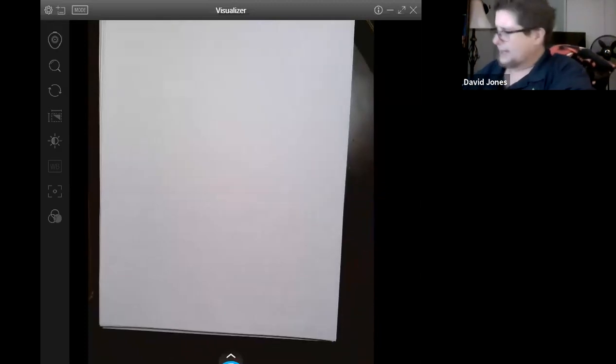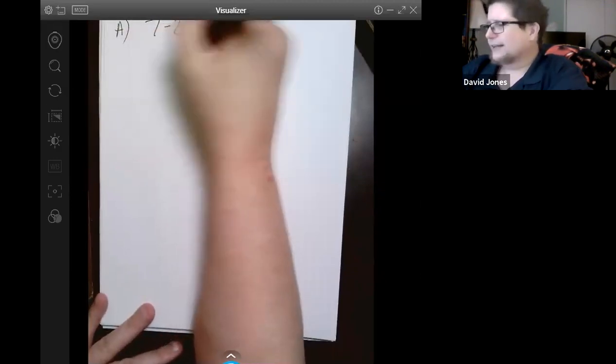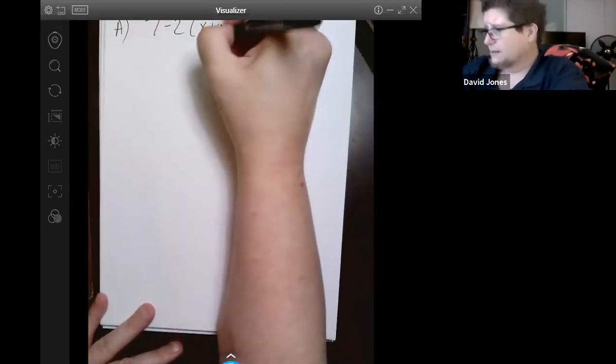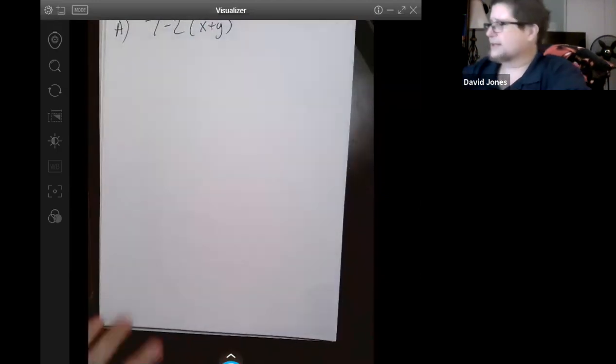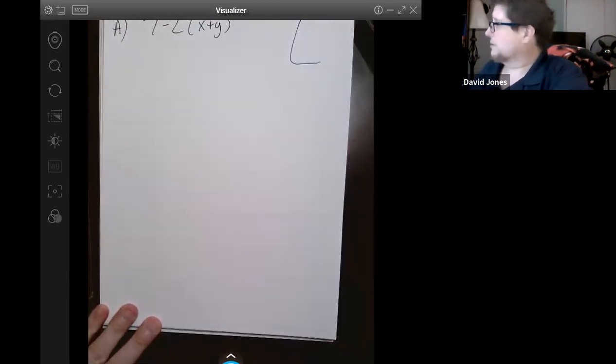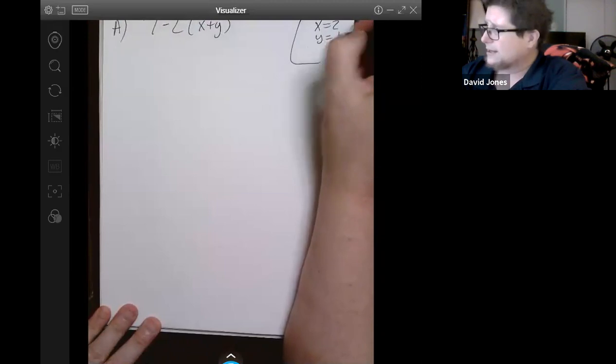Other things we see, we can see stuff like this. And I'm going to use the same thing. X equals 2. Same values. X equals 2, y equals negative 1, z equals negative 4.